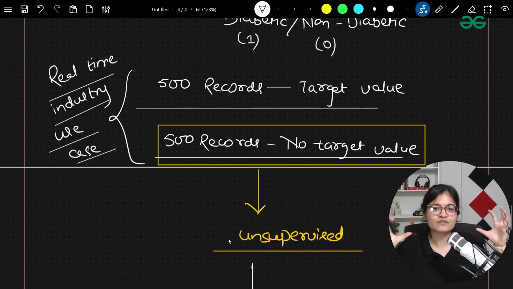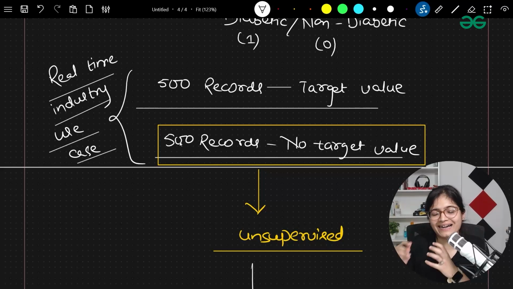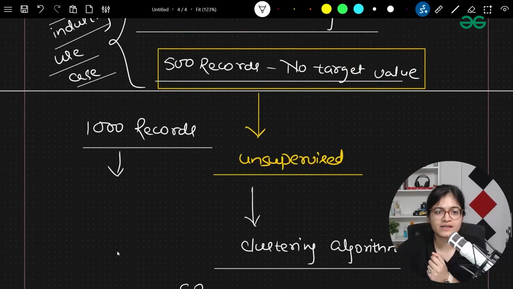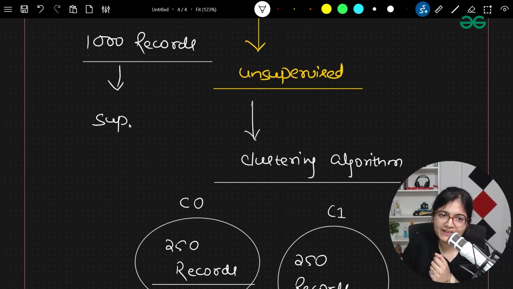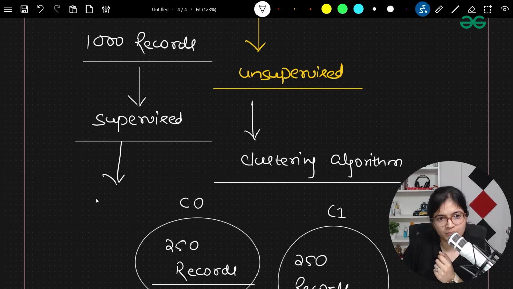You will merge these 500 records, which did not have a target value but now do because of the clustering algorithm, and we will again have 1,000 records in total. 500 records are already labeled, and 500 we have labeled by a clustering algorithm. Again we have 1,000 records, and now we can apply the supervised machine learning algorithms that we will discuss in the upcoming sessions. Now our problem of predicting 0 or 1 will be solved.